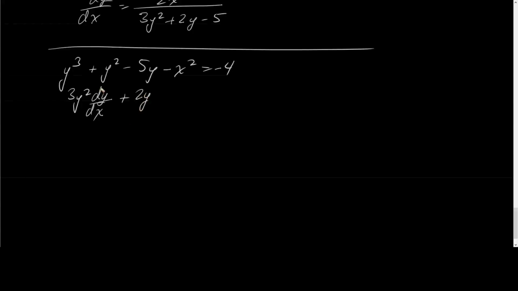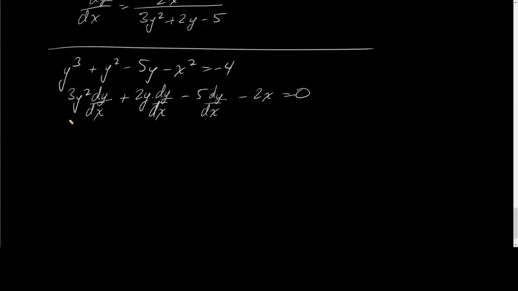But now I need to multiply by the derivative of the inside, because this was something squared. So the derivative of y with respect to x is dy dx, minus 5 times the derivative of y, which is just dy dx, minus the derivative of x squared, -2x, and the derivative of -4 is 0.